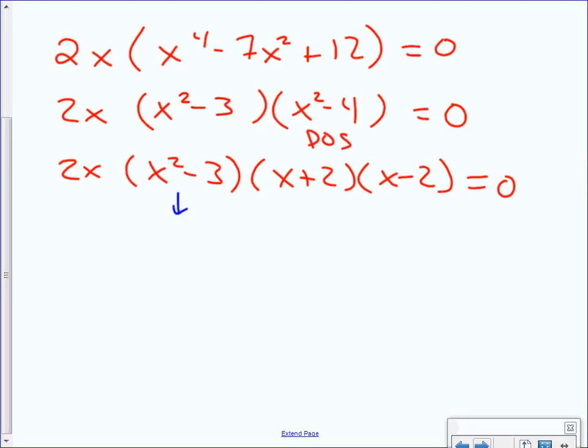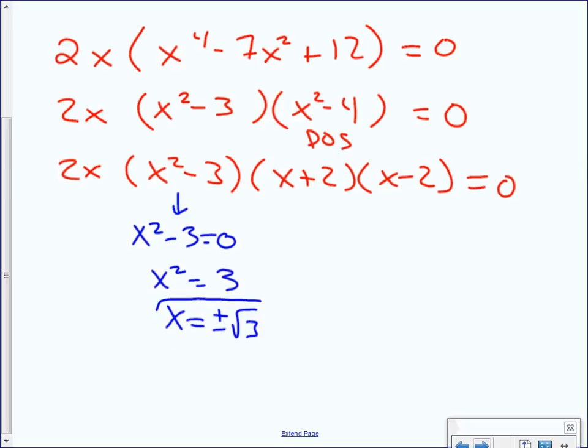To solve for this one, you set it equal to 0, and you have to subtract. So you go x squared minus 3 equals 0. So x squared is equal to 3. So x is plus or minus root 3. That's why I made a big deal out of that: two answers when you take a square root.